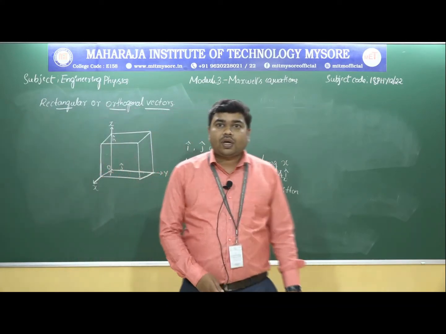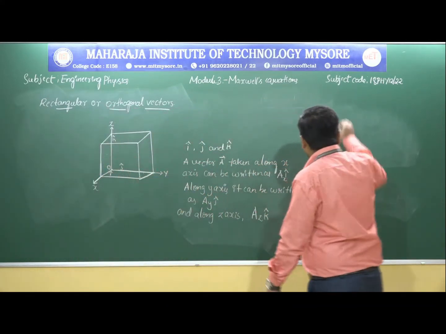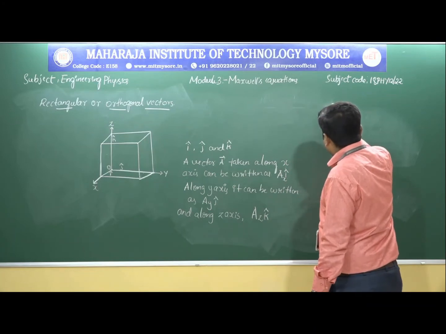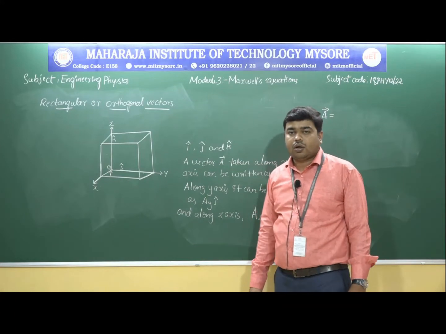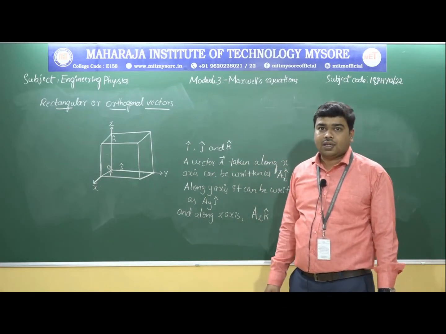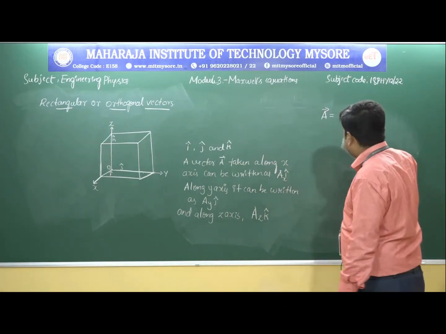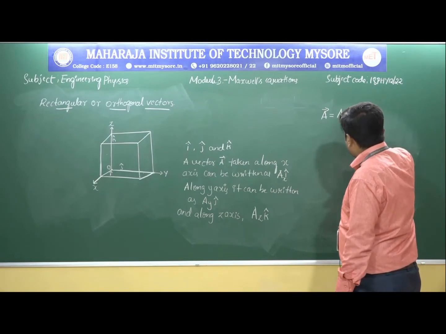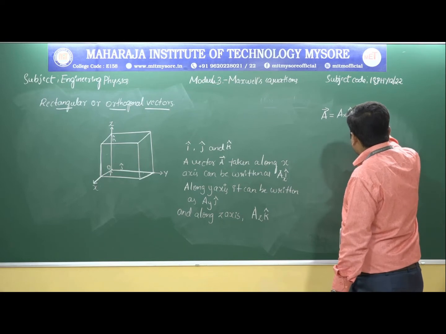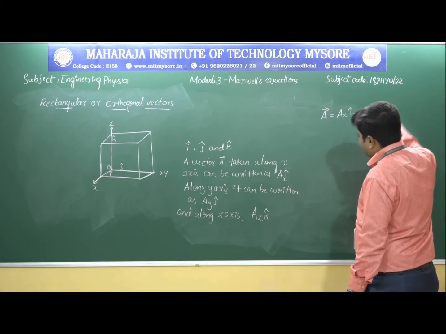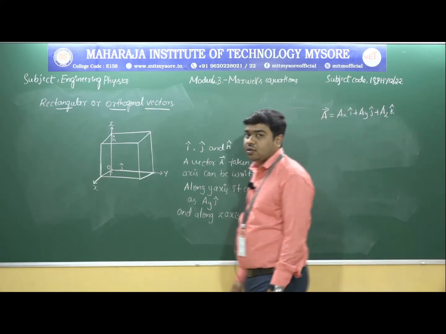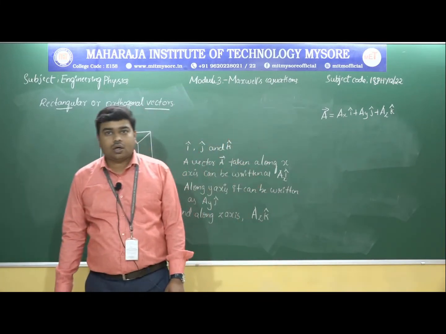Then a complete vector A, resolved into its orthogonal components along the x, y and z axes, can be written as vector A is equal to Ax into i cap plus Ay into j cap plus Az into k cap. So, this is how a vector can be written when resolved into its orthogonal components.